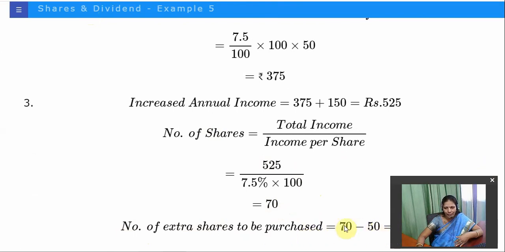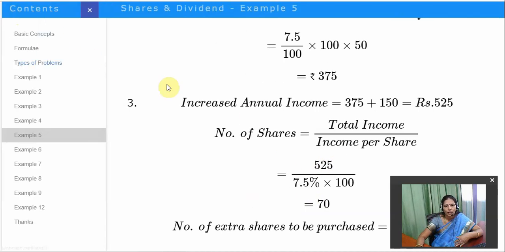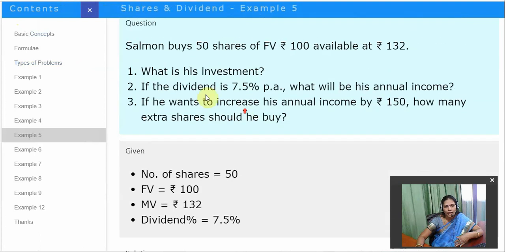Actually the answer is 20. Now you have found the answer for all the subdivisions. Clear? Now shall we go to the next sum?